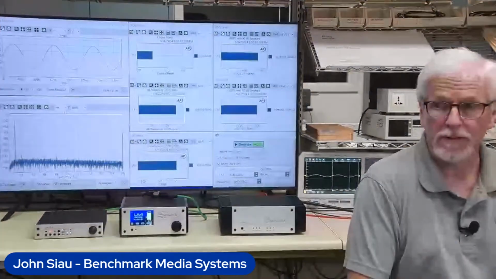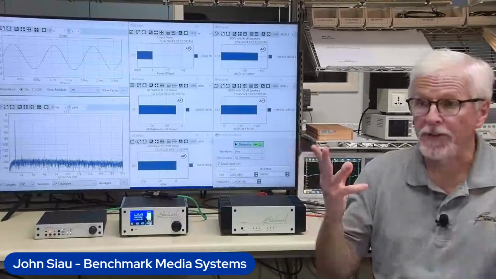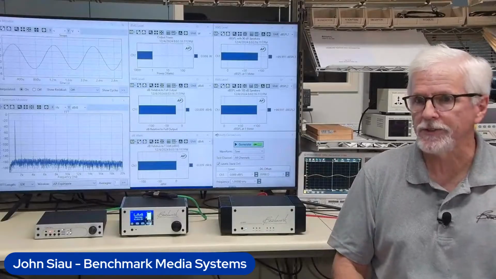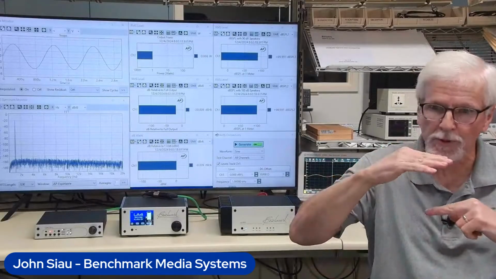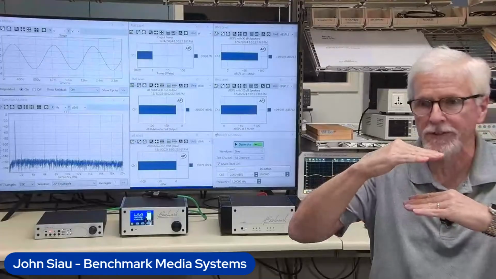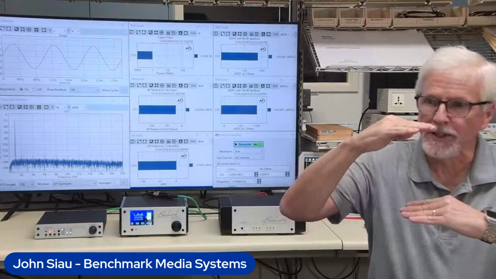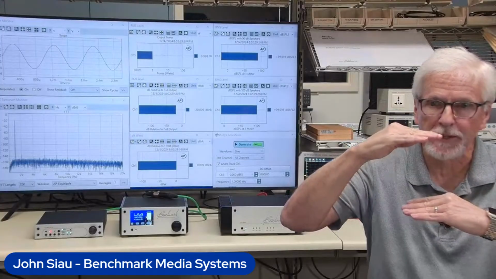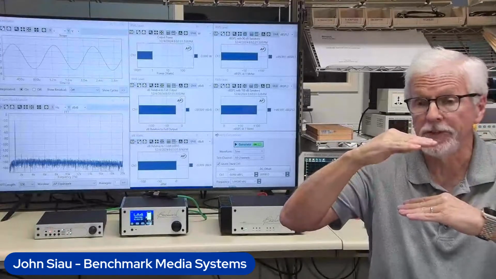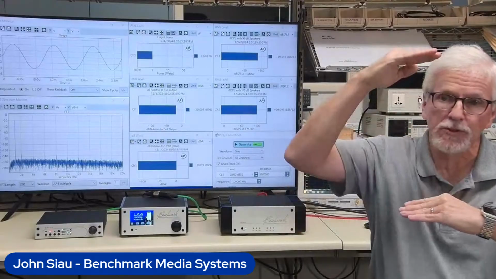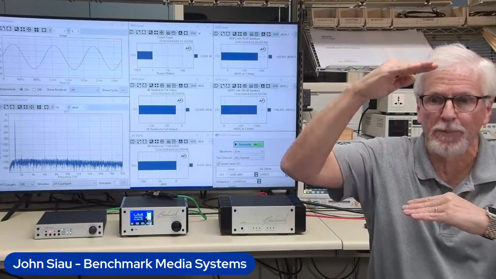I'm going to zoom in so we can see your screen better. One of the things that makes this more complicated is we have RCA outputs that have a 2-volt RMS output. We've got a noise floor and we've got a 2-volt signal. We've got 4-volt XLR outputs, which are typical consumer grade XLR outputs. And then there are professional XLR outputs like we have on our products, which are 12.28 volts RMS.